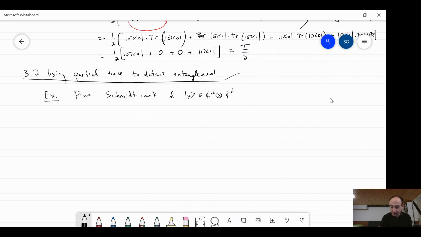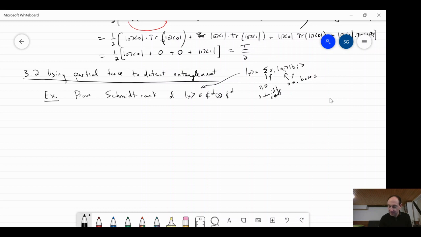Remember the Schmidt decomposition said we could write psi as a sum over i of some coefficients, say s_i. I don't remember what notation I had used at the beginning of the lecture. Remember we wrote it this way so that these guys are orthonormal bases, and these s_i were non-negative Schmidt coefficients.